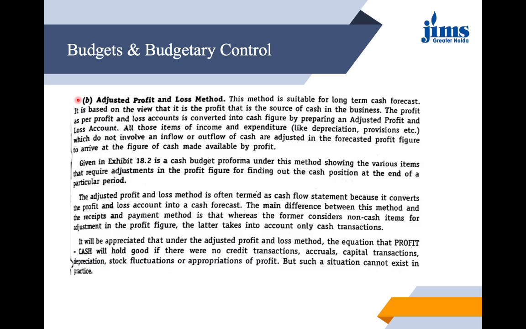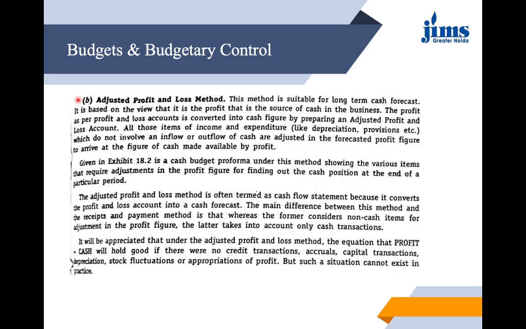The profit as per profit and loss account is converted into cash figure by preparing an adjusted P&L account, and all those items of income and expenditure like depreciation, provisions, etc., which do not involve any inflow or outflow of cash, are adjusted in the forecasted profit figure so that we can arrive at a cash figure made available by profit. Okay. We'll see a cash budget proforma under this method showing the various items that require adjustments in the profit figure for finding out the cash position at the end of the particular period.